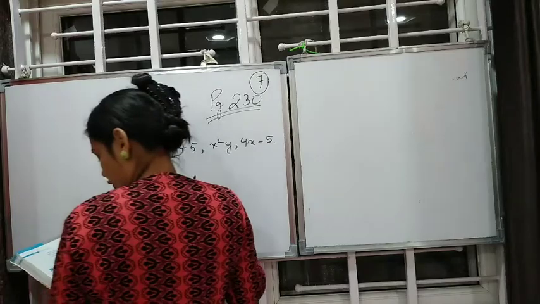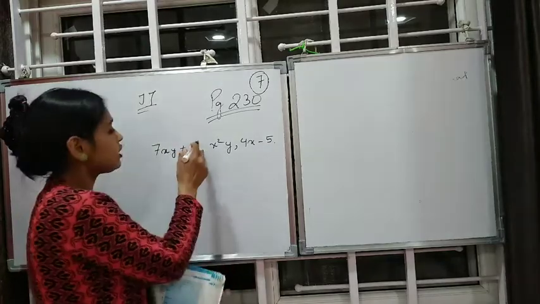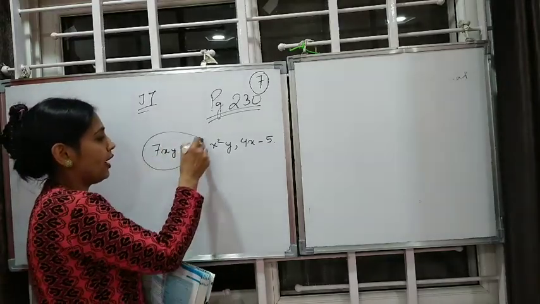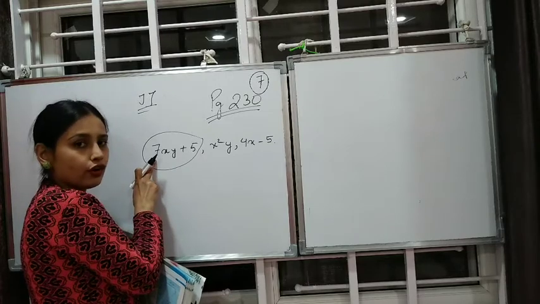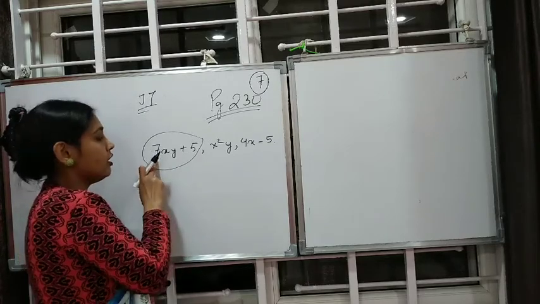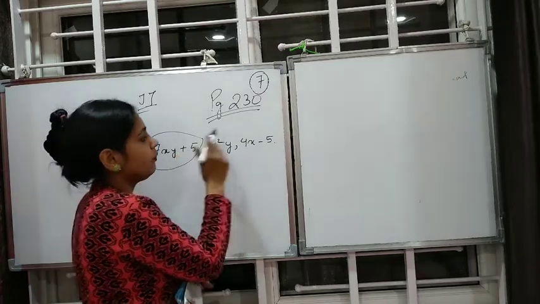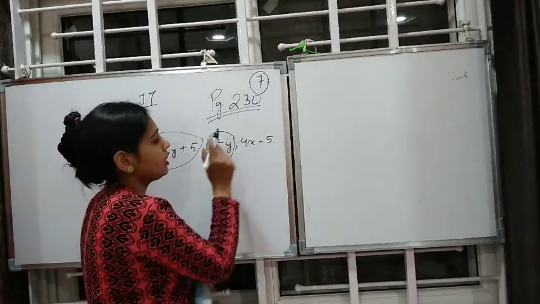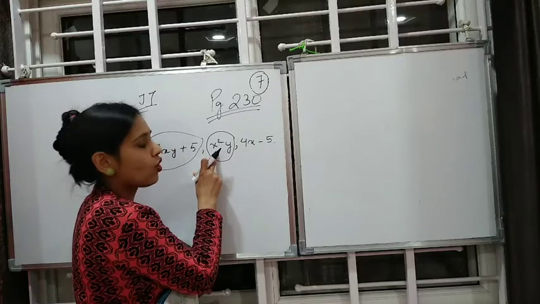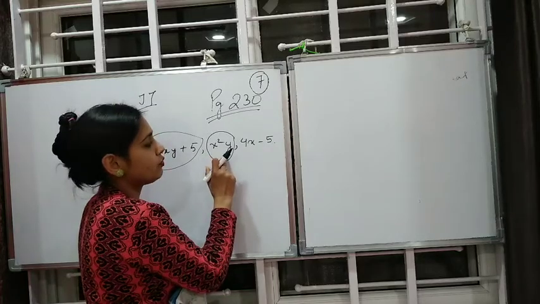This expression is obtained by the combination of the terms 7xy plus 5. Similarly, this expression is formed by the product of x square into y.